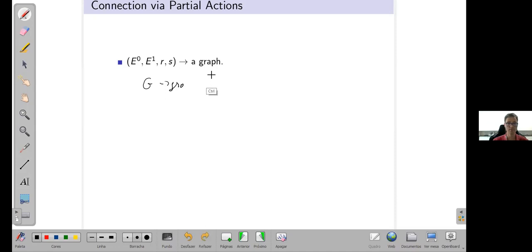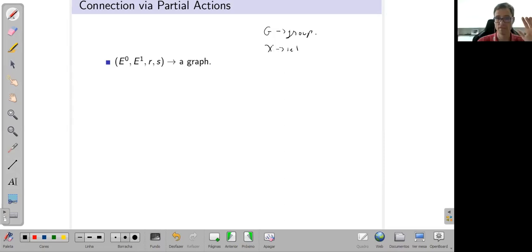And I have a set X, and a collection of subsets X_g, indexed by the elements of the group, subsets for all elements of the group. And I have a set of bijections that go from X_{g^{-1}} to X_g. So that's the partial action, a set of bijections.